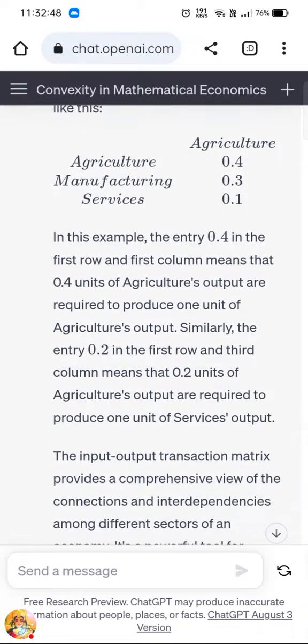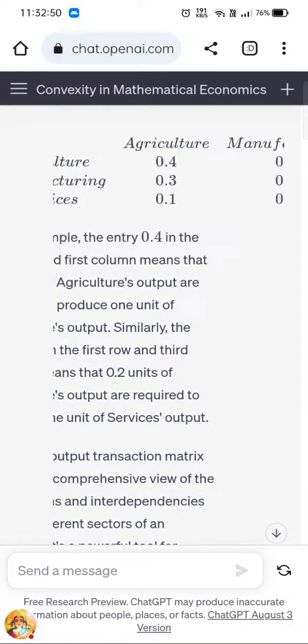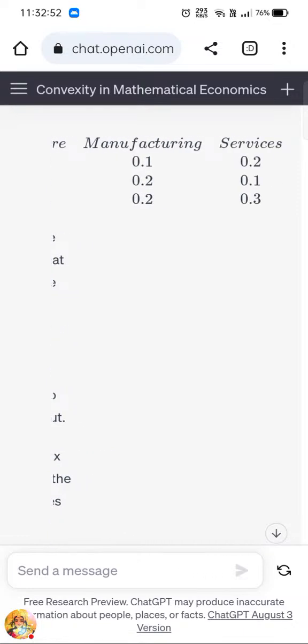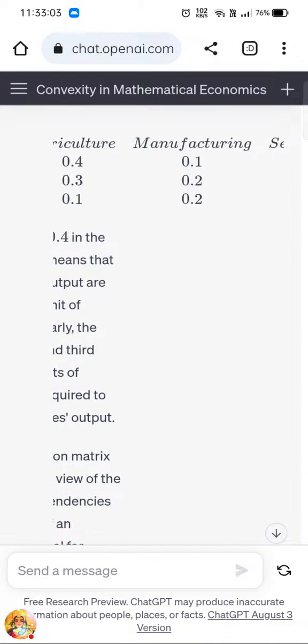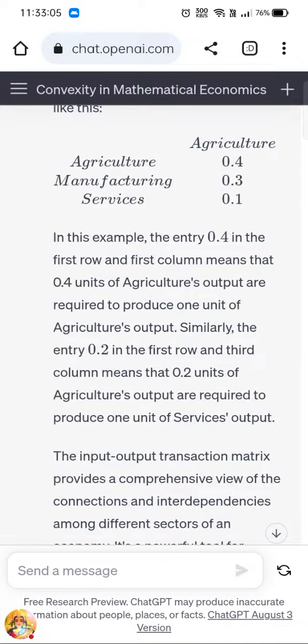Similarly, the entry 0.2 here, in the first row and the third column, means that 0.2 units of agriculture's output is required to produce 1 unit of services output.